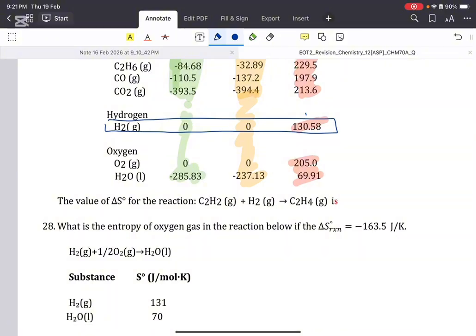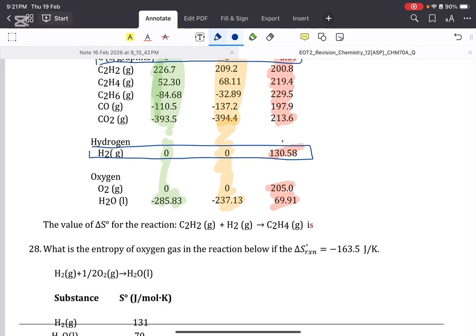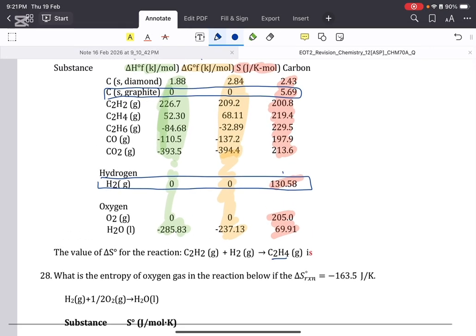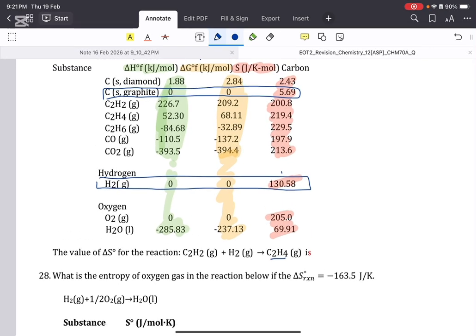Now let's calculate in here. Delta S for the reaction is the product of S, which is this one, 219.4, minus the sum of the reactants. I have hydrogen 130.58 plus C2H2, which is 200.8.